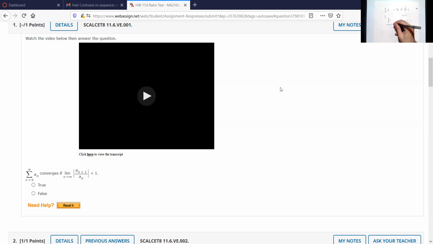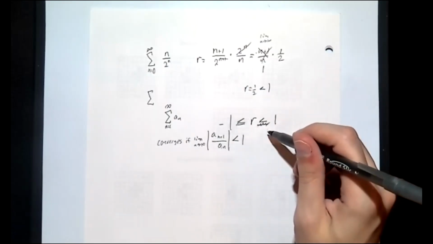If the limit as n approaches infinity of the absolute value of a sub n plus 1 over a sub n is less than 1, that's because it would be within these bounds.